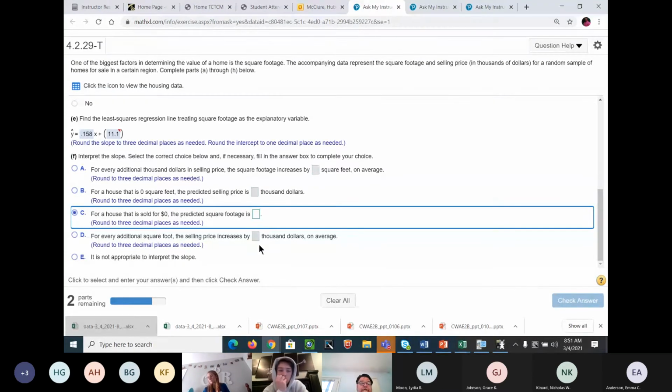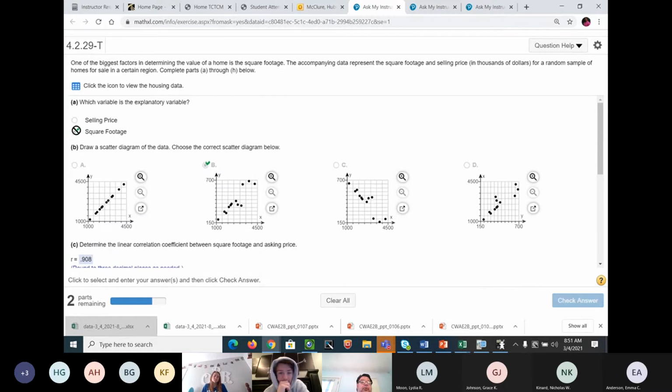Select the correct choice. Well, the slope is 0.1577. So that means our x value, which variable is the explanatory variable? Explanatory variable means your x value. So as the square footage is going this way, what is the value of the home? Your value goes up. So for each square foot, the value goes up.